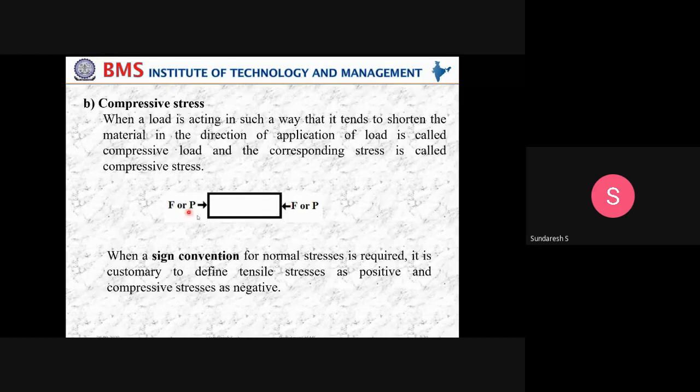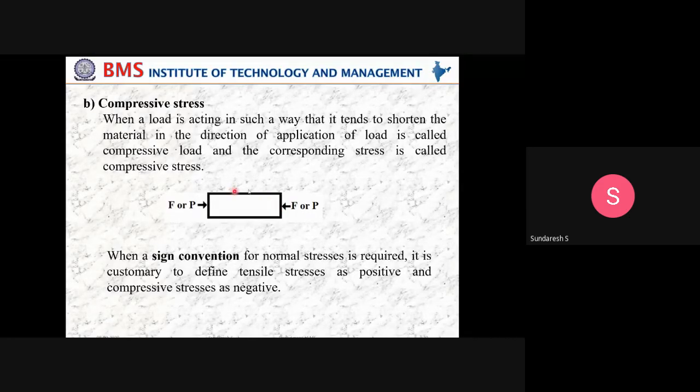If you look at the direction in which these arrows are directed, these two forces are acting towards each other, along the centroidal axis, or simply the axis of a member. That type of load we call a compressive load, and the member is said to be under compressive loading.